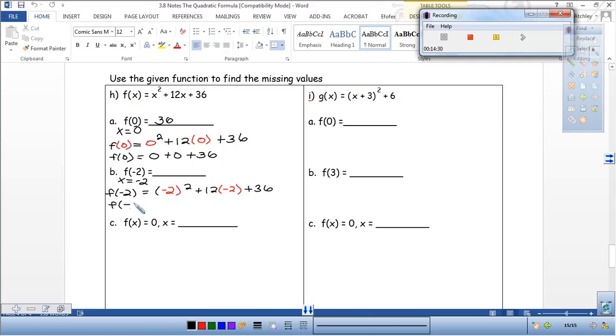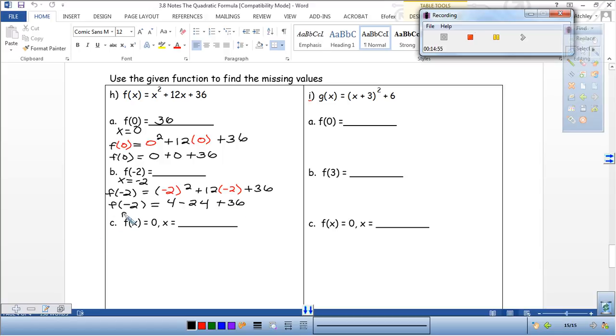So f of negative 2 equals negative 2 squared is positive 4. Let's see that. 12 times negative 2 is negative 24 plus 36.